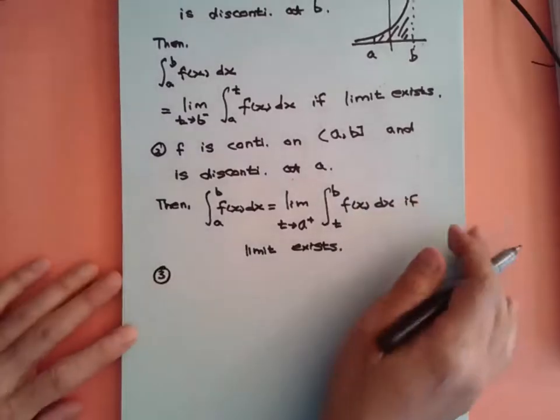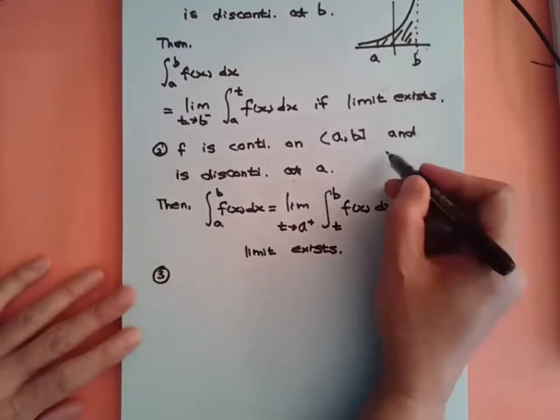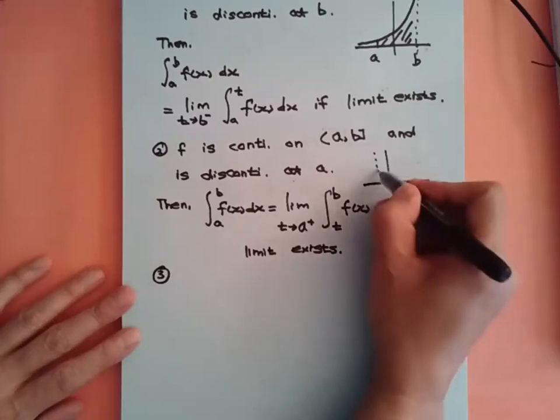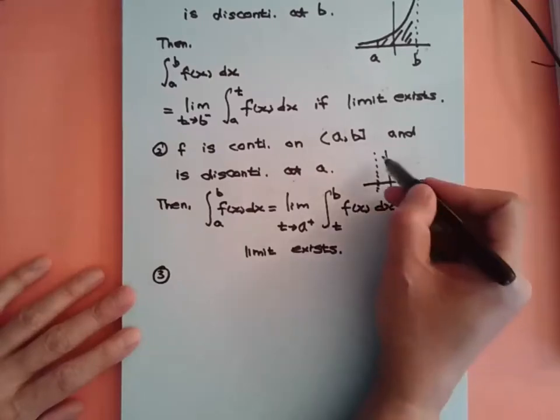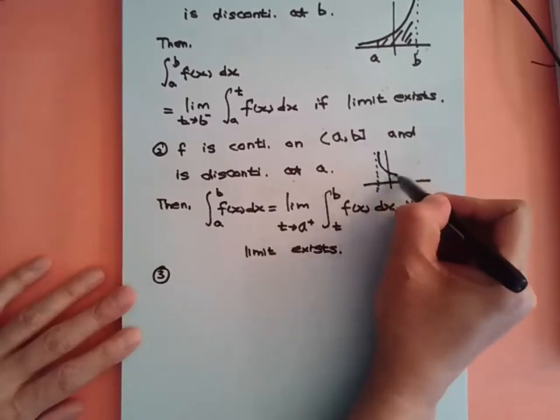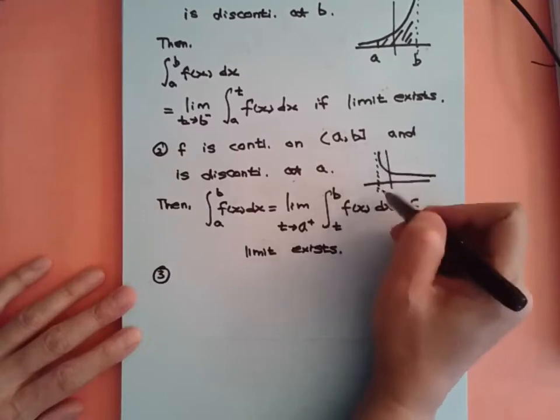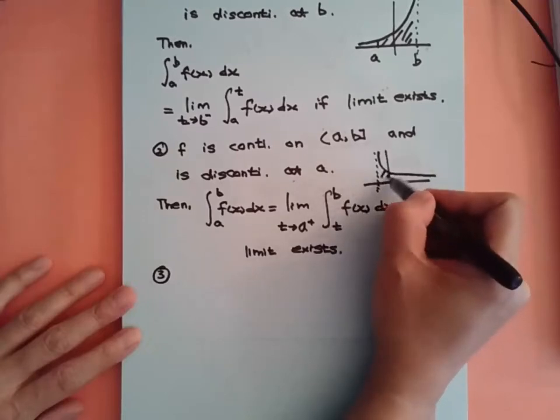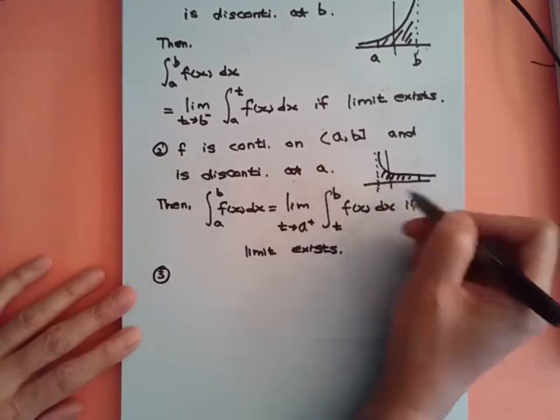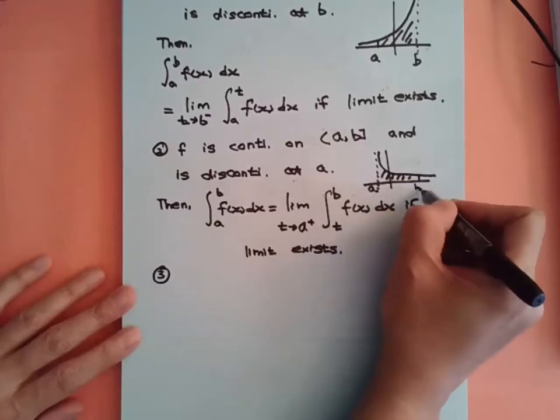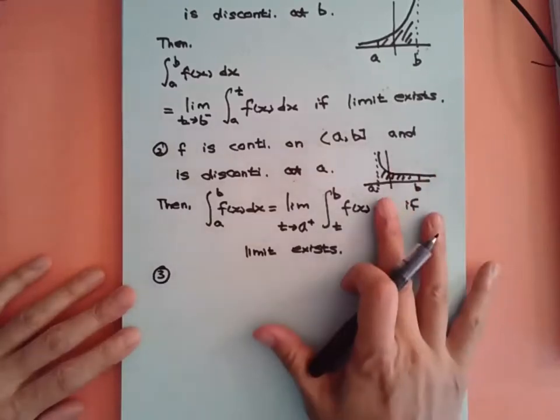So you know what I am talking about. This time the line is here. So whatsoever the reason is, the function is broken there. And then we want to think about the area under the curve from a to b. The function is not defined at a.